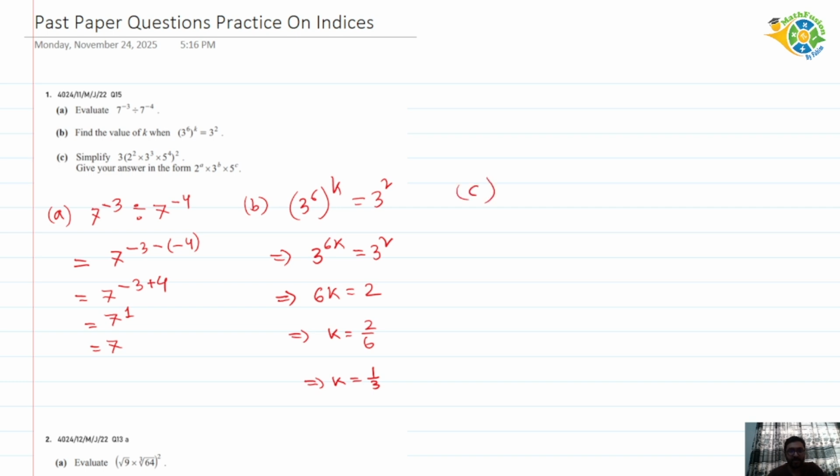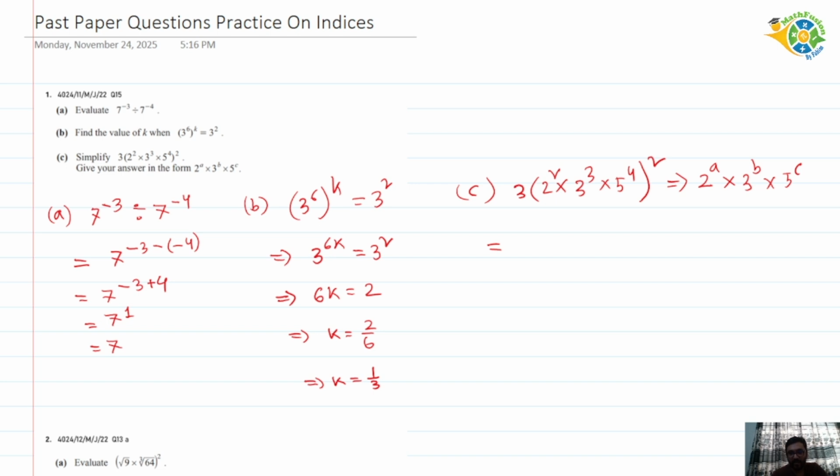Question C tells us to simplify 3 times 2 squared multiplied by 3 cubed multiplied by 5 to the power 4, whole squared, in the form 2 power A multiplied by 3 power B multiplied by 5 power C. So first we need to apply the distribution law.